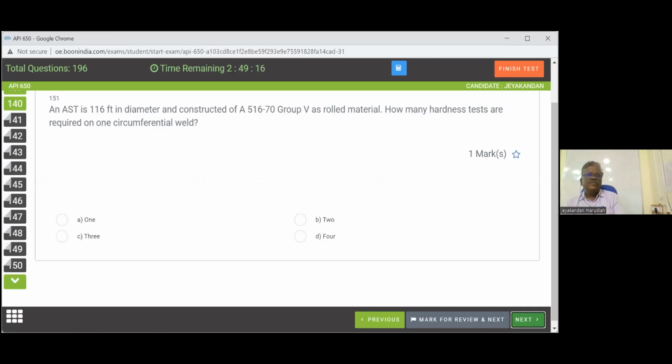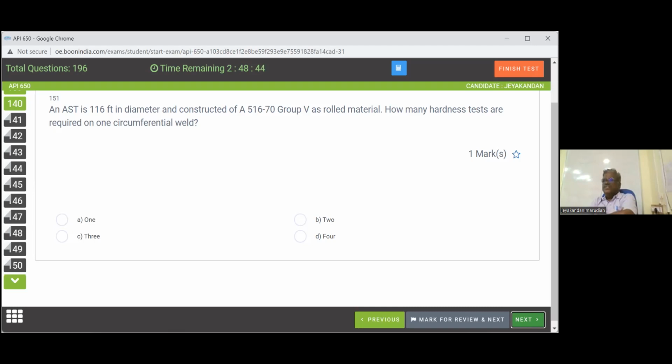Next. An above ground storage tank, AST, is 150 feet in diameter. How many hardness tests are required on the circumferential weld? Every 100 feet, one. So the diameter is 116. They are giving the diameter, so you have to calculate the circumference.